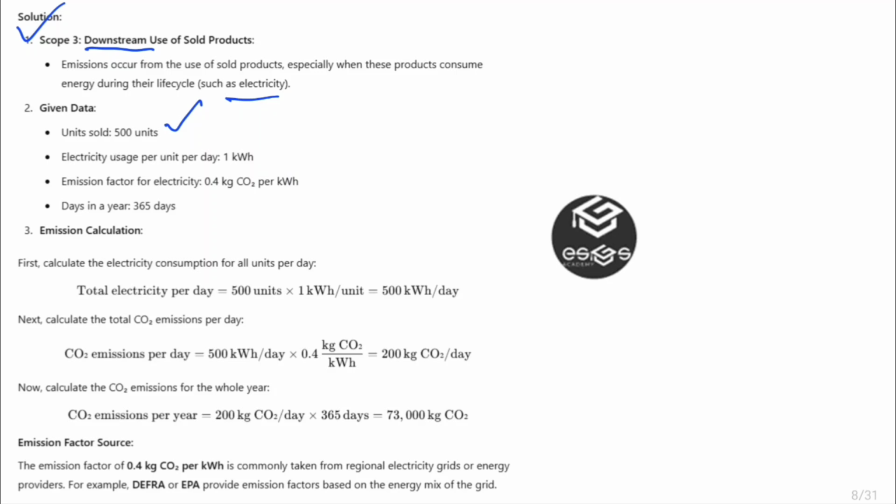For each unit, the electricity use is 1 kilowatt hour per day, and the emission factor is 0.4 kg CO2 per kilowatt hour. Now we consider 365 days in a year. So let us start the calculation.